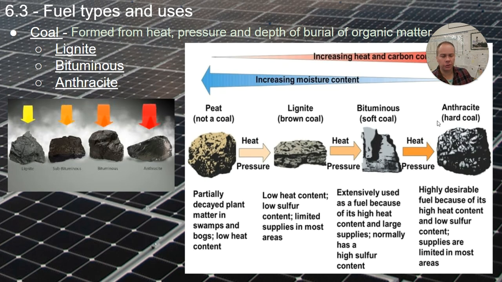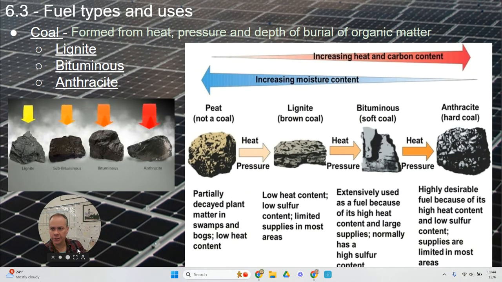Another type of fuel is coal, and coal is formed when you have organic material, plant matter, that over time is pressurized and under high heat as it's buried within the earth, and it transforms over time from that organic material into what we call coal.